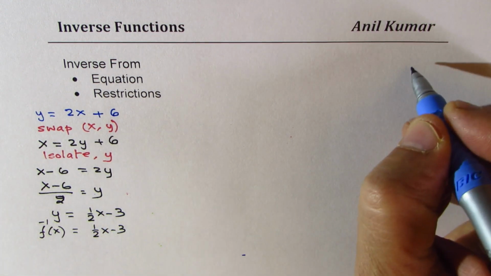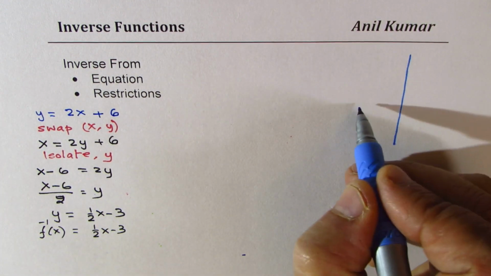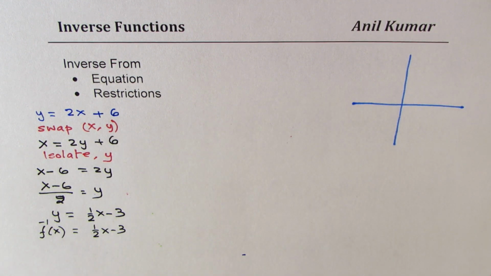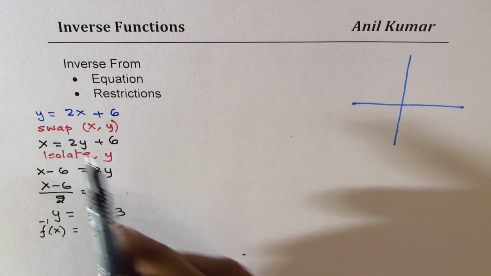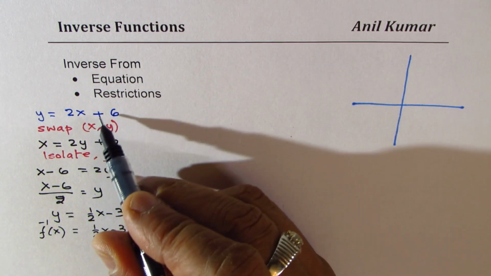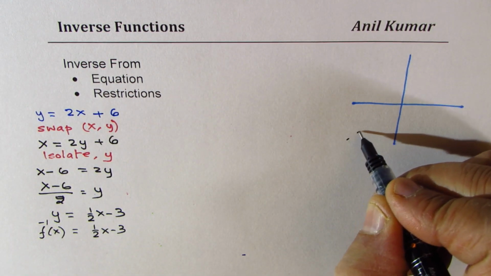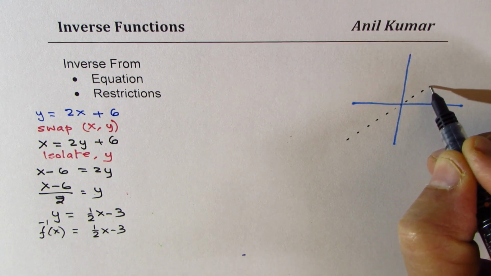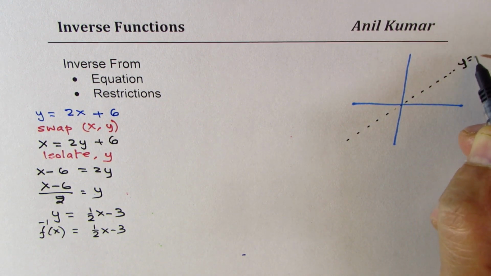If we see that on a graph, then we will notice that these two functions are actually reflections on the line y equals x.